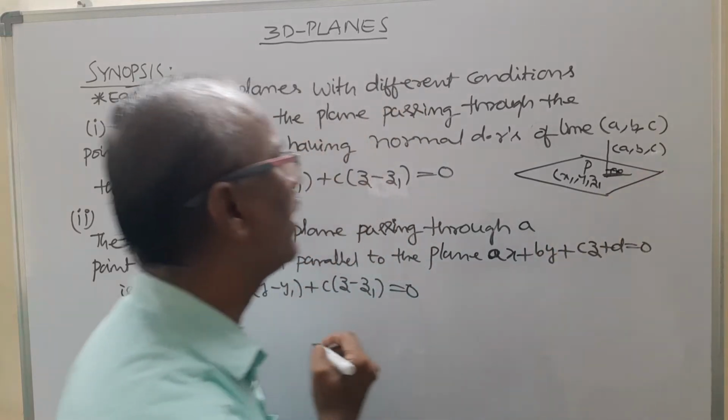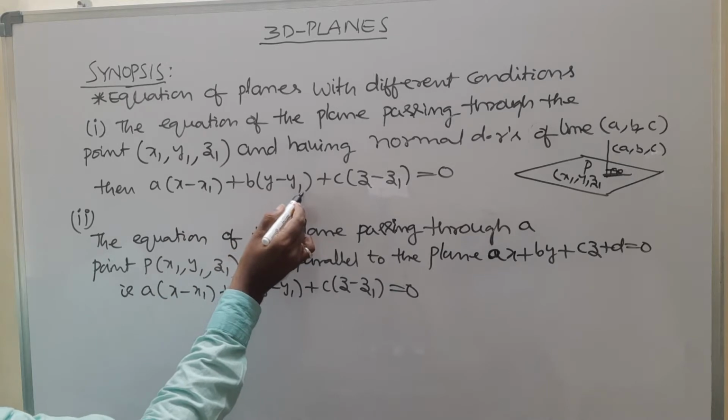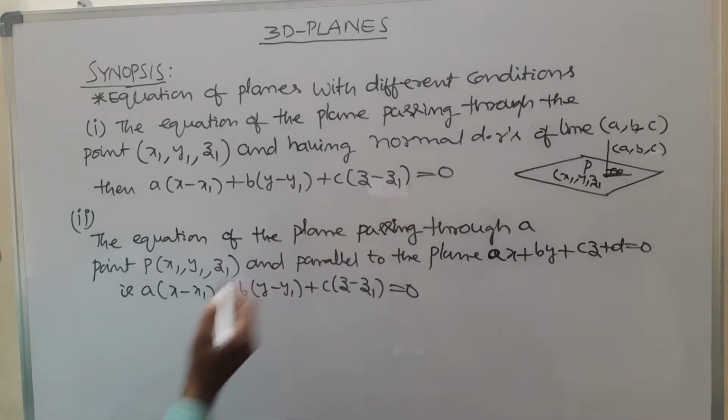Then the equation of the plane is a into x minus x1 plus b into y minus y1 plus c into z minus z1 equal to 0.